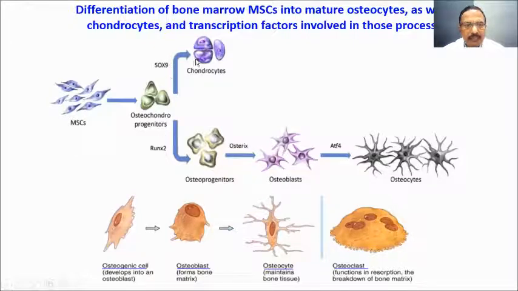Either they change into chondrocytes or osteoprogenitor cells, and the osteoprogenitor cells will later change into osteoblasts and osteocytes. So a lot of transcription factors are involved in this process. But as you can see here, osteoclast is not coming under this cell lineage.